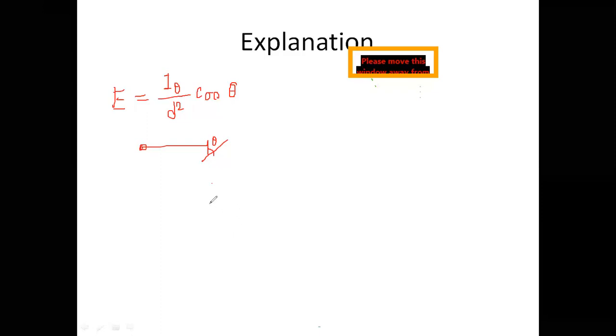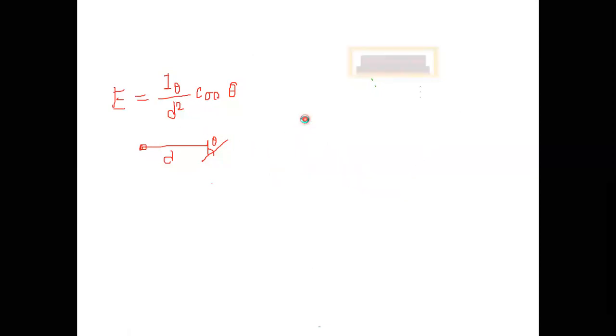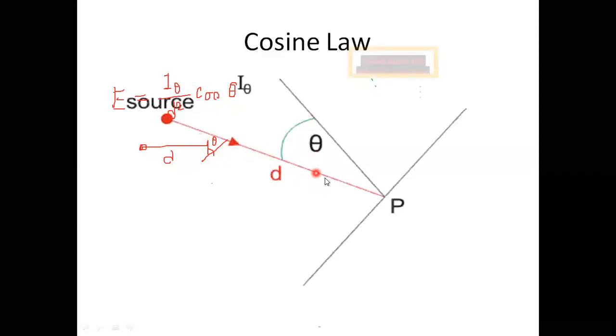Now if you go to the previous picture, you can see the picture is given here. This is the line joining distance, and the direction of I, the intensity, is from the source to the illuminated point, and the perpendicular to the plane makes the angle theta.